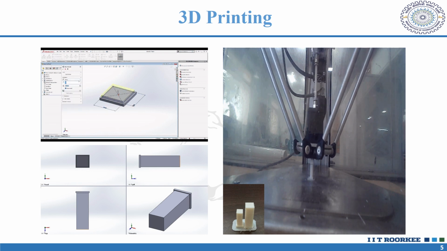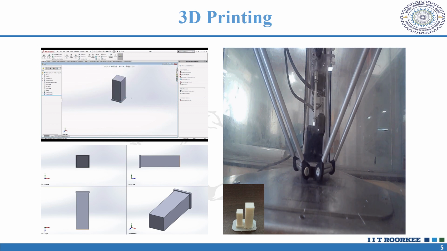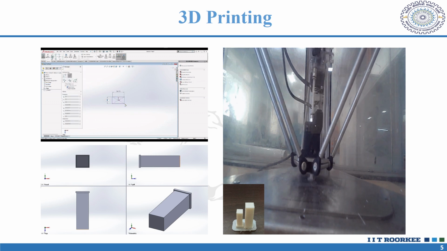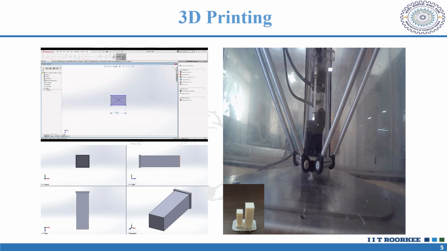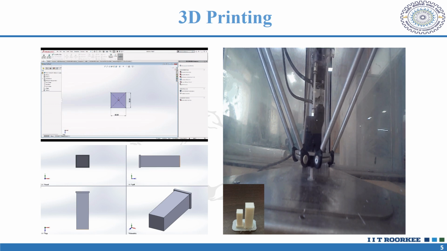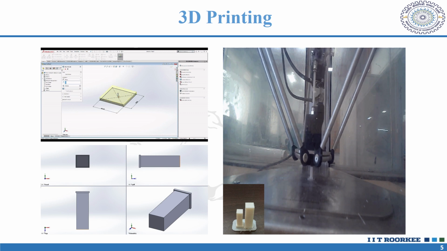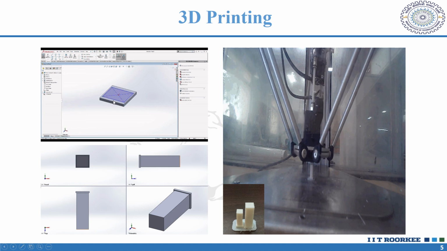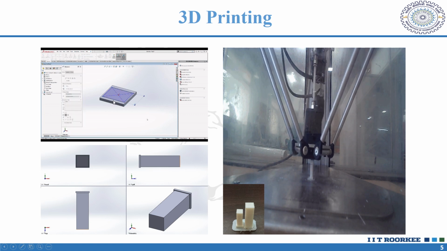The 3D printing process includes three steps. First is the CAD design. We have to CAD model the sample which we want to print. Shown is the video of CAD designing of a cuboid, the sample which I 3D printed.